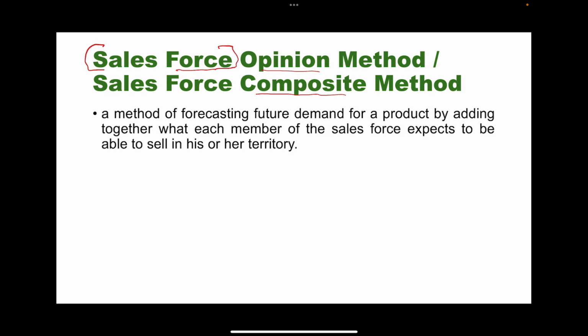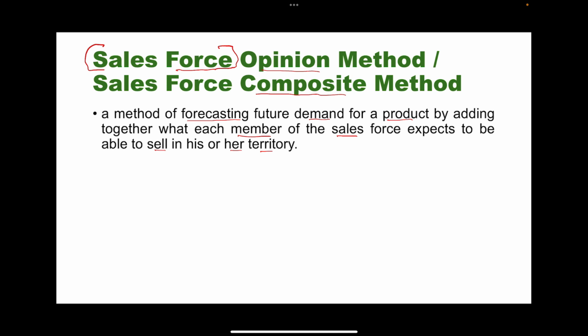The next method is the Salesforce opinion method or Salesforce composite method. As the name suggests, instead of consumers, we will use the Salesforce or the sales executives to predict the future. So this is a method of forecasting future demand for a product by adding together what each member of the sales force expects to sell in his or her territory.